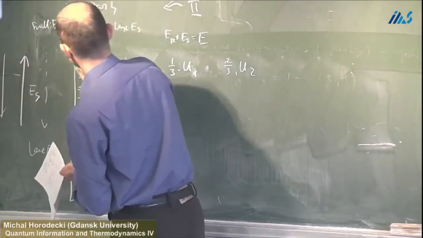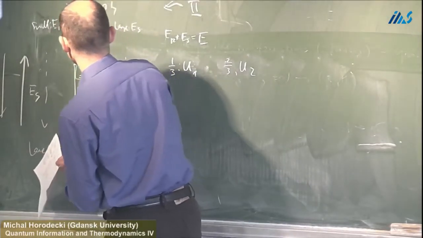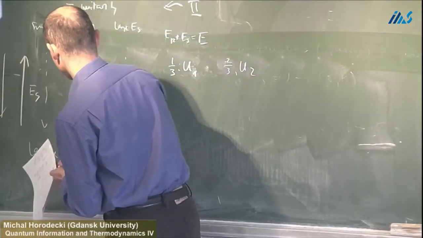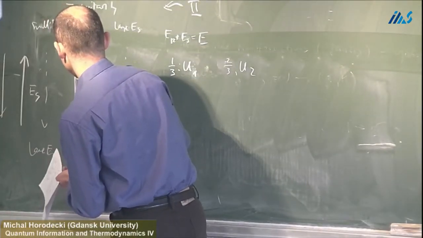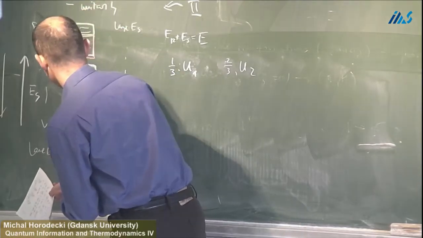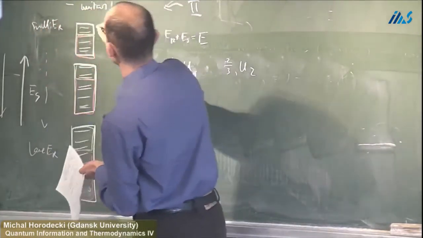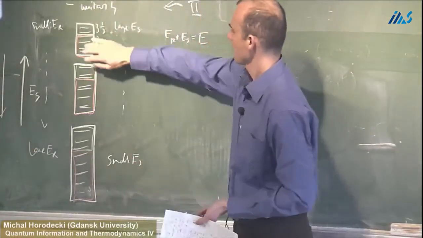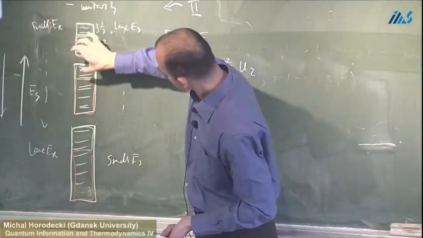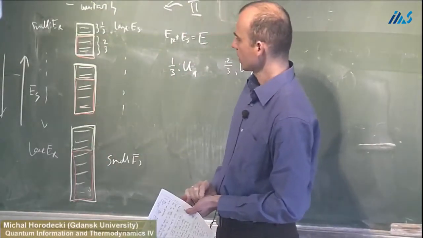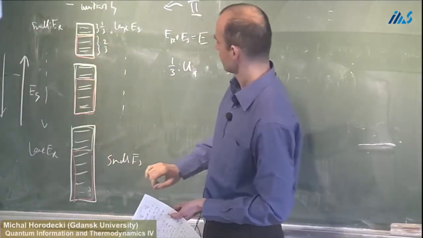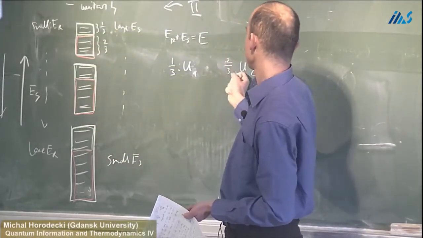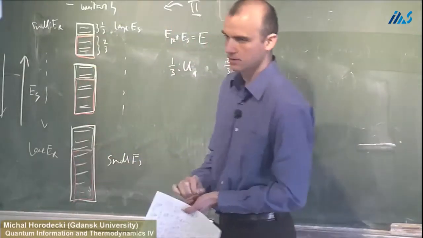Then I divide all these blocks in the proportion of 1/3 to 2/3. So here you have 1/3 of the levels, and here 2/3 of the levels. I apply unitary U1 to just these green blocks, so I permute the levels within the green, and then I apply U2 to the red ones.